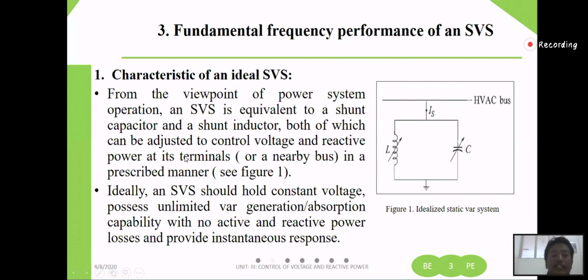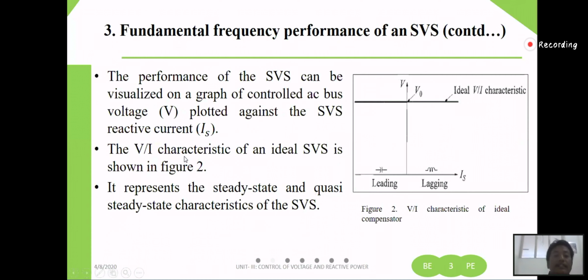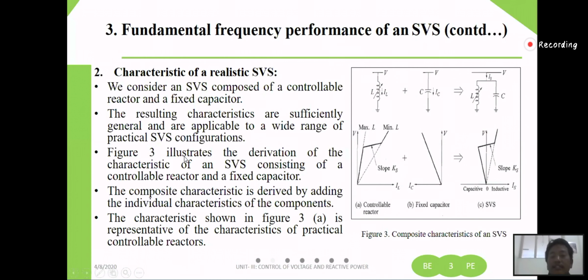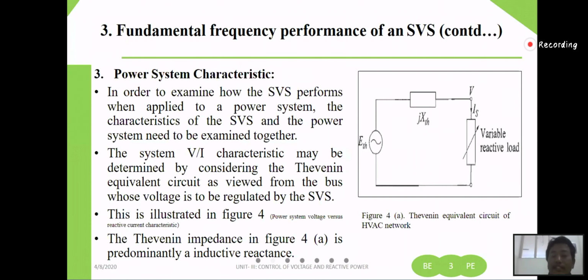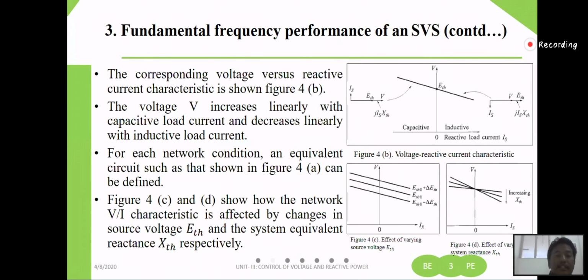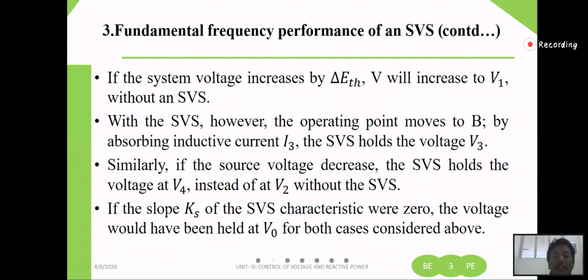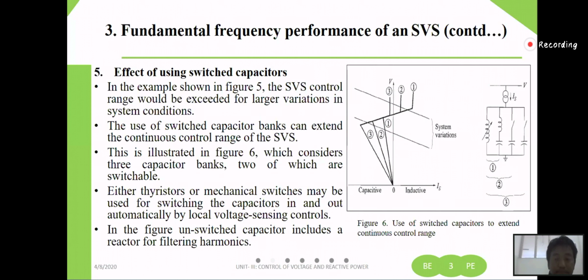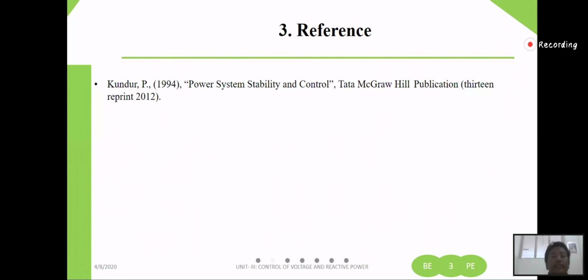First the characteristic of SPCS, then the characteristic of the realistic ones. First we'll start from ideal, then real SPCS, then we also have to know the power system characteristic, and only then will we be able to choose which SPCS is suitable. Then we will see the composite characteristic together, and try to end with the fundamental frequency performance of SPS.